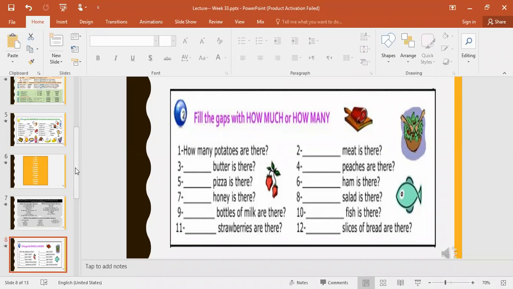How much asks about the uncountable nouns. How much rice is there? Uncountable. Okay. How many apples are there? This is countable. So I will try to write above them.